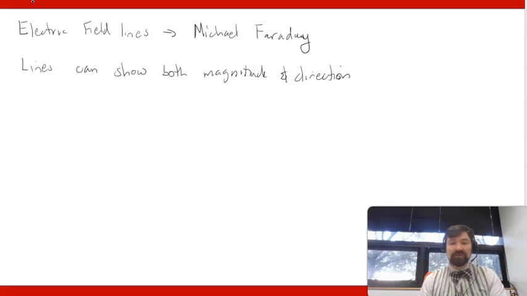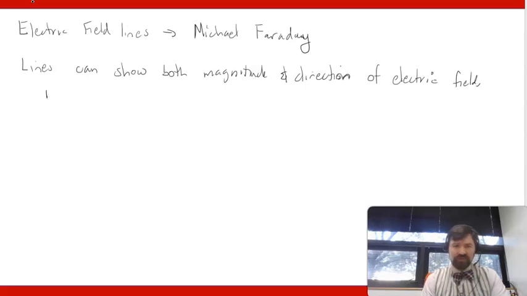And by the way, this technique works for stuff other than electric fields. You can do it for gravity fields and magnetic fields as well. But we're going to learn it for electric fields here. And it is a representative drawing.